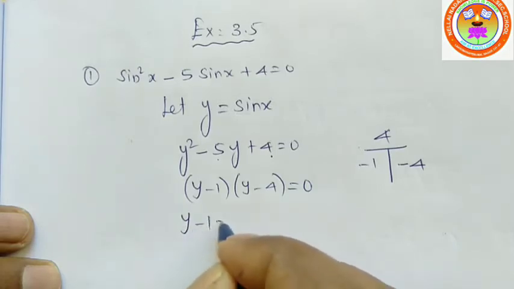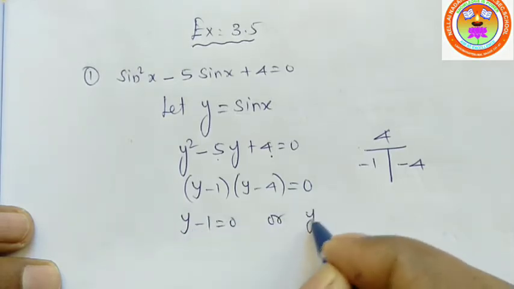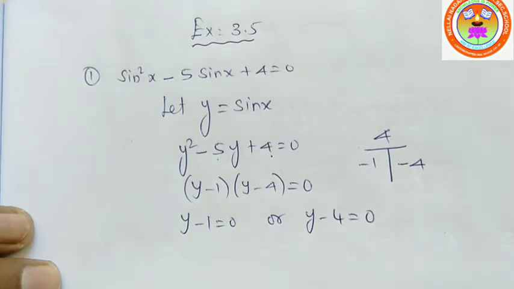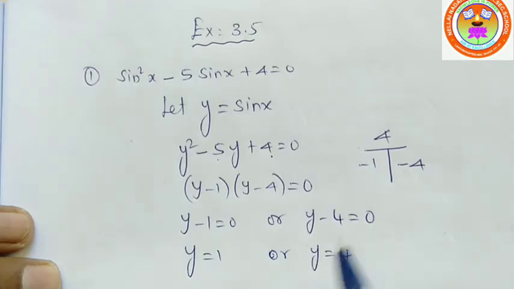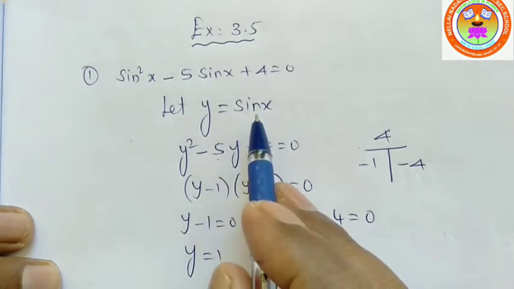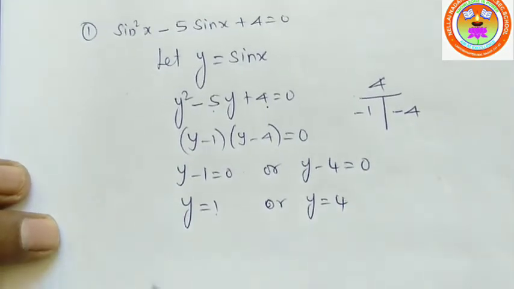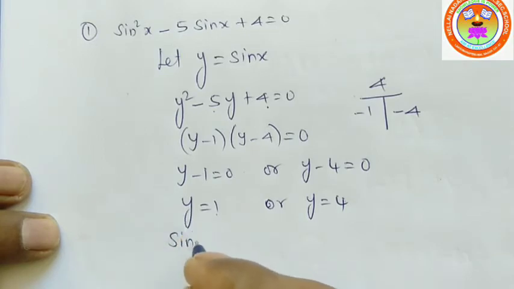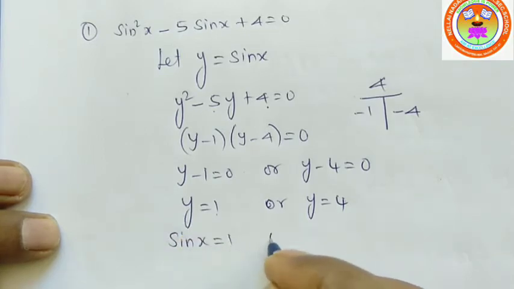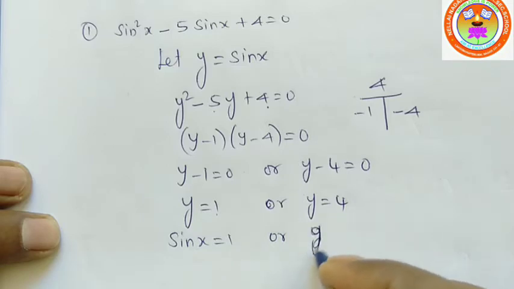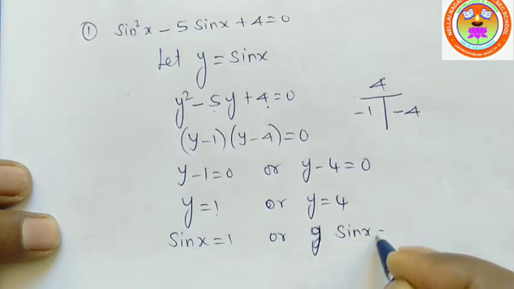So y minus 1 is equal to 0 or y minus 4 is equal to 0, that is, y is equal to 1 or y is equal to 4. But what is y? y means sin x, right? So sin x is equal to 1 or sin x is equal to 4.